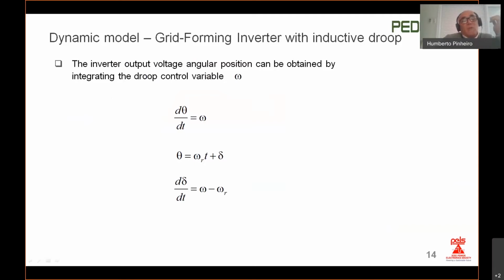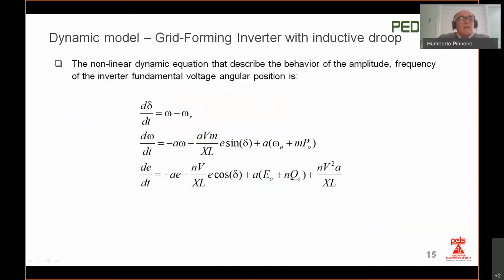If you are interested in the dynamics of the power angle, you take the time derivative, and then you see that the time derivative of the power angle is equal to the common frequency of the inverter minus the grid frequency. So we now have this equation that governs the droop controller when connected to a stiff grid.